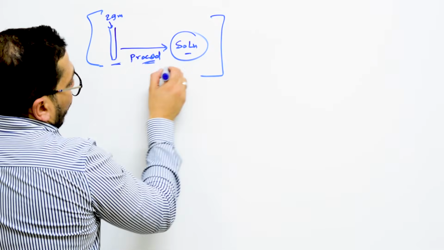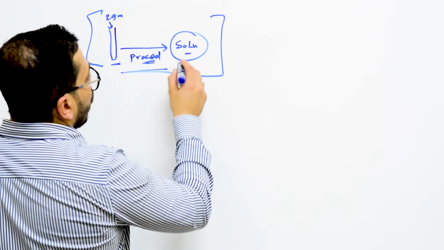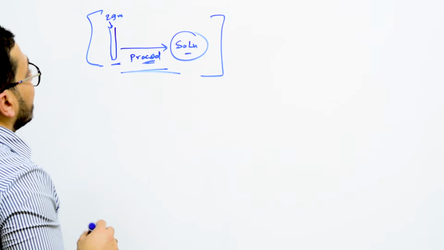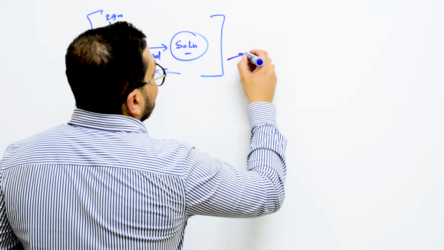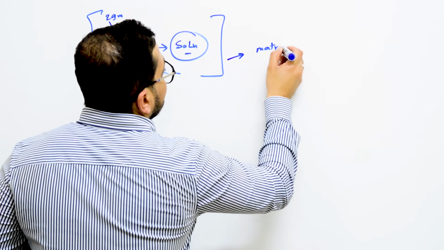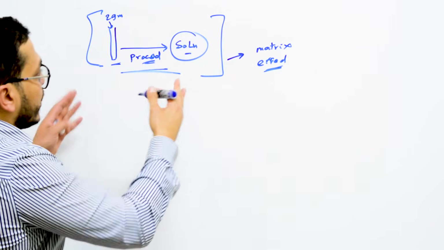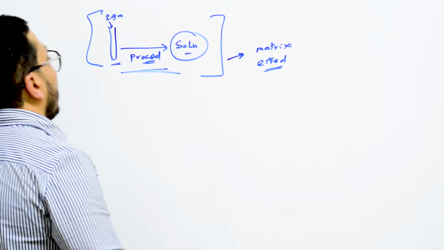And I found this is better than the previous way, because now you will not add the standard at the beginning. There will be no other effect, only the matrix effect at the end. During the whole procedure, there will be no other effect on the standard that you fortified.